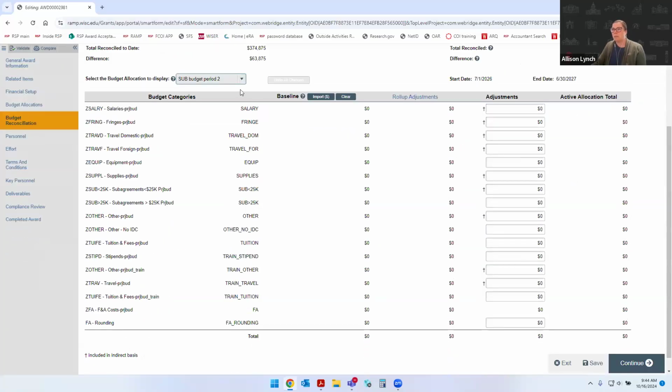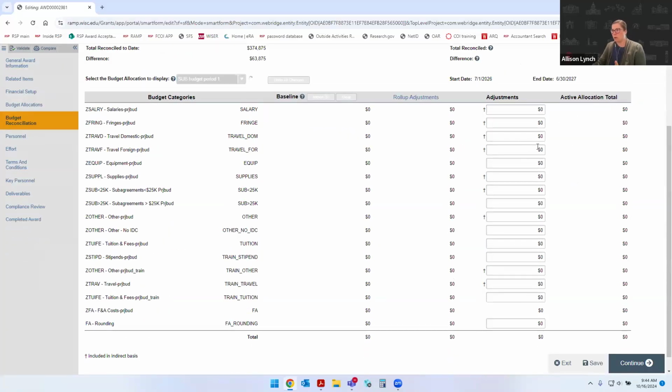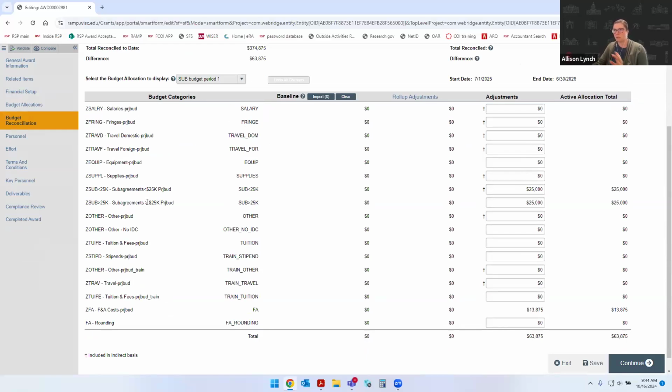And then for subs, really the main difference here that I wanted to emphasize for the reconciliation, this is how I instruct people when I'm doing one-on-one trainings with them, is for GM15 projects or outgoing subs, you should only be using these 2 cost categories, nothing else. You shouldn't have any salary, fringe for the outgoing sub, only those 2 cost categories. And then the reverse for UW projects.